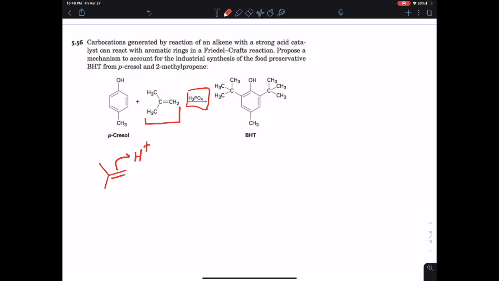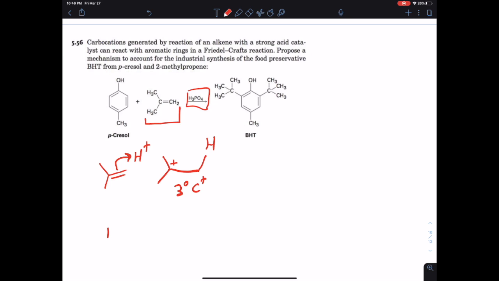We can protonate the alkene like we did when we did hydration, for instance, of alkenes. It puts a positive charge on this carbon. And why did I put the hydrogen there and not on the other carbon? Because in this case, I get a tertiary carbocation. If I put the hydrogen on the other carbon, we would have a primary carbocation. Well, this is a great electrophile because it has a positive charge.